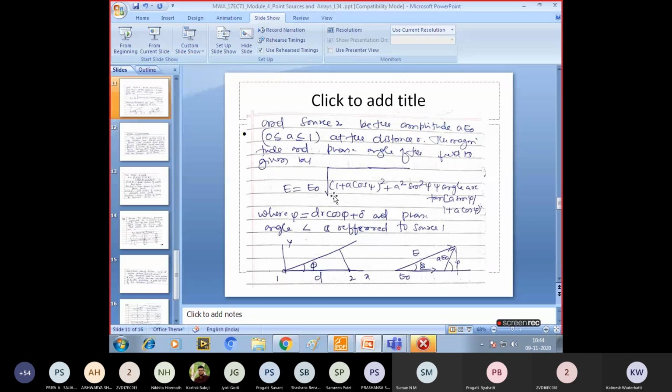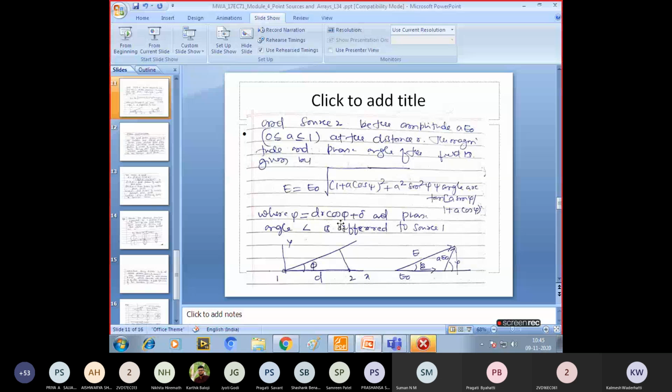In brackets, it will be 1 plus A cos psi squared plus A squared sin squared psi. The psi angle is arc tan of A sin psi divided by 1 plus A cos psi. This is the phase, which is the tan of A sin psi divided by 1 plus A cos psi. It is any phase difference.